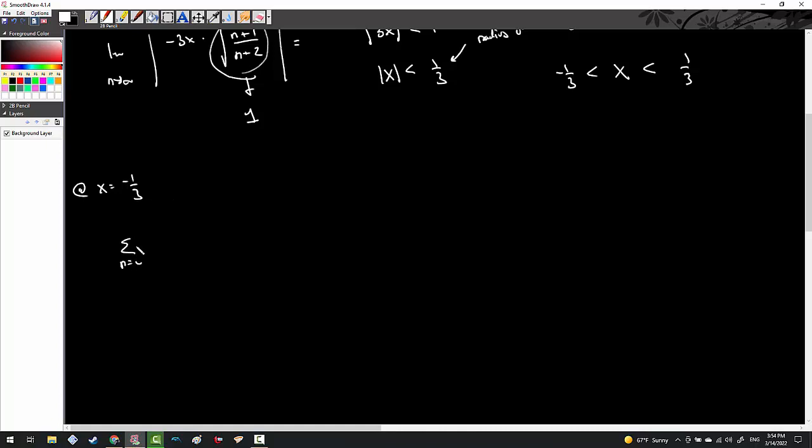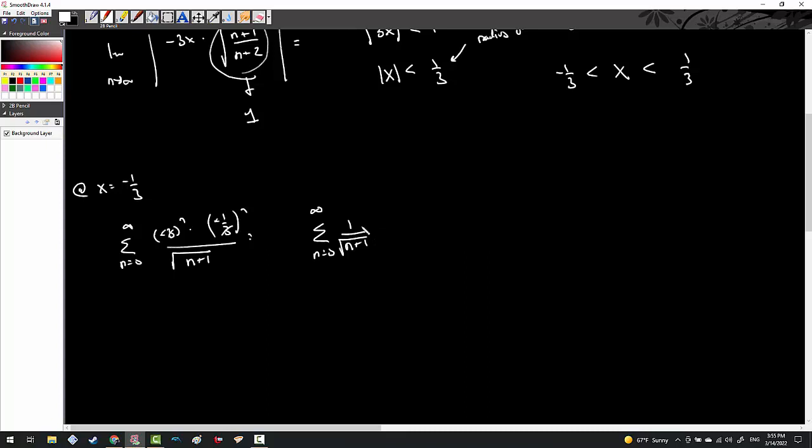That's the sum from n equals 0 to infinity of (-3)^n times (-1/3)^n over the square root of n+1. From here, they both have the same exponent, so I can cancel out the negatives and cancel out the 3's. What I end up with is the sum from n equals 0 to infinity of 1 over the square root of n+1.